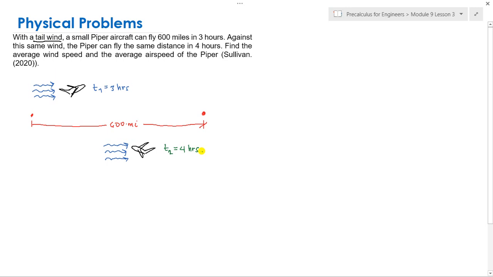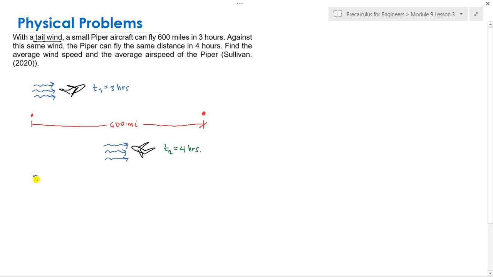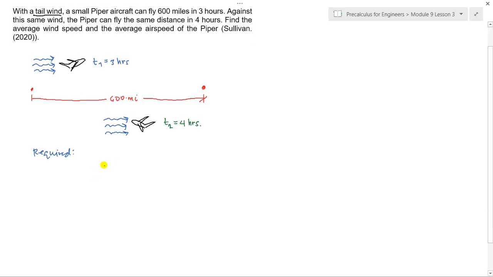Then for the required, we put: find the average wind speed and the average air speed of the Piper. The wind speed we denote as Vs. This is the wind speed.